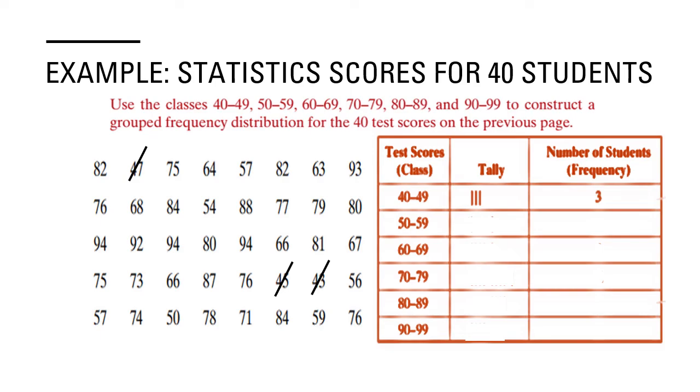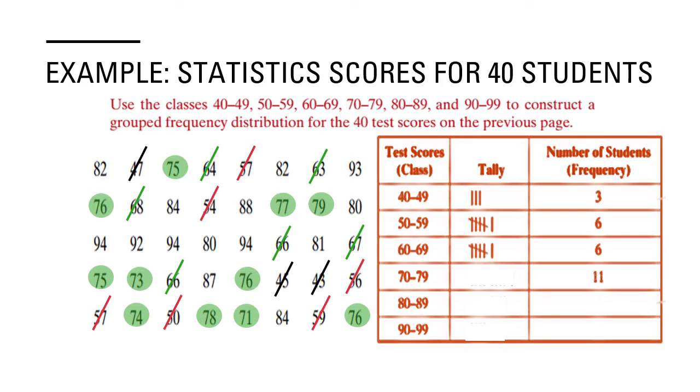From 50 to 59, keep in mind we need the numbers equal to 50, equal to 59, and whatever is in between. So we have 6, so the frequency is 6. From 60 to 69, that's another 6. From 70 to 79, that's 11.